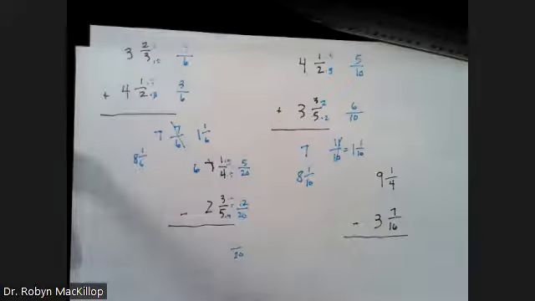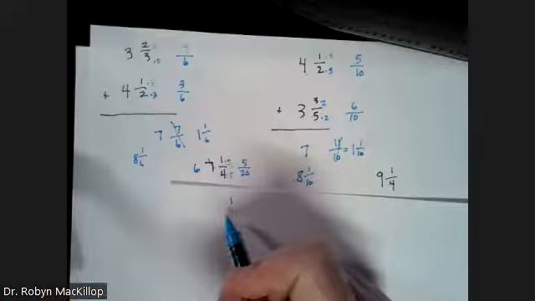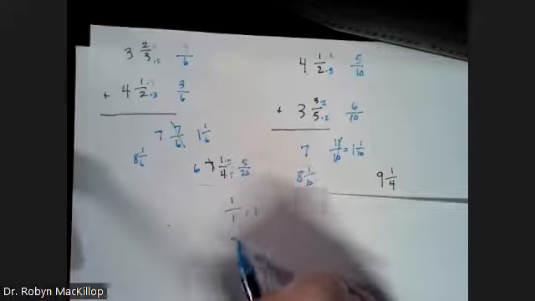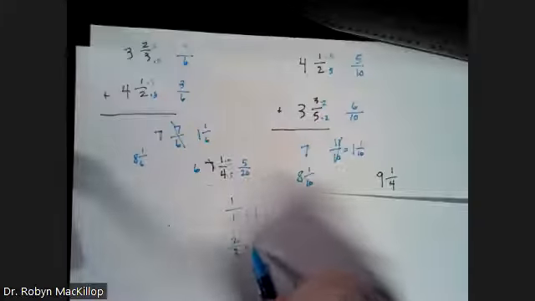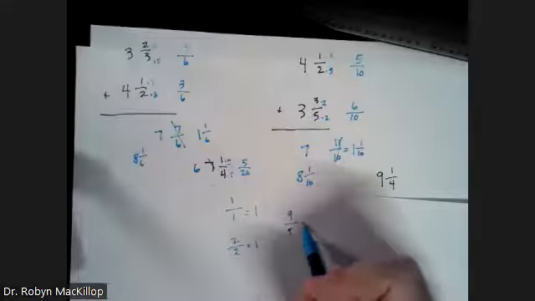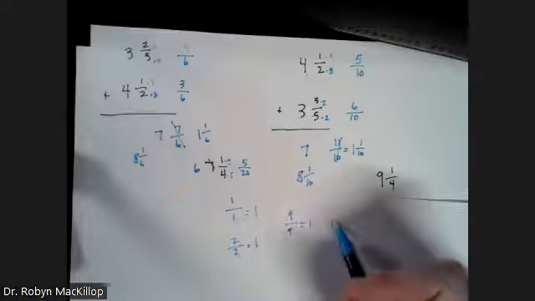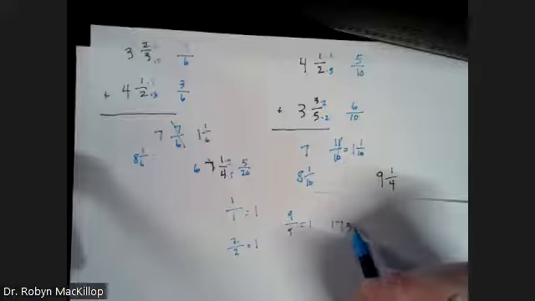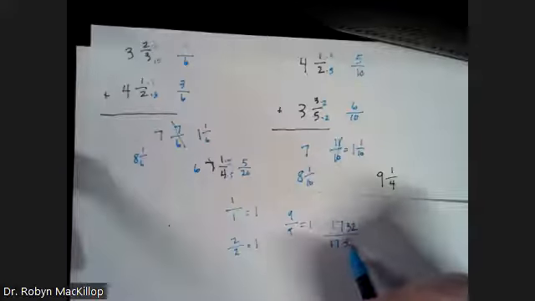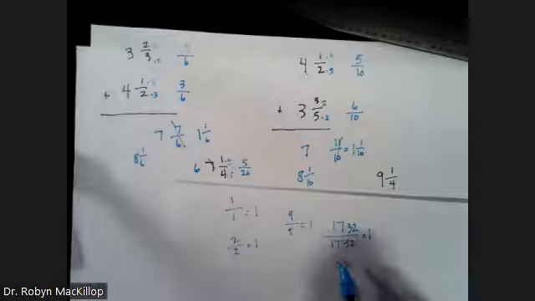Remember how we talked about before, any number over itself equals 1. 2 over 2 equals 1. 9 over 9 equals 1. 1,732 over 1,732 equals 1. So any number over itself equals 1.